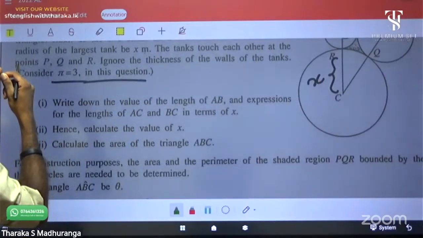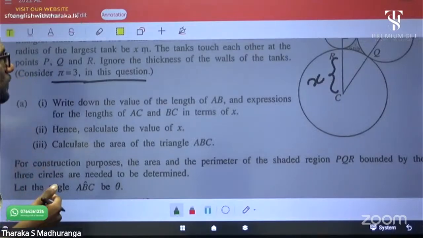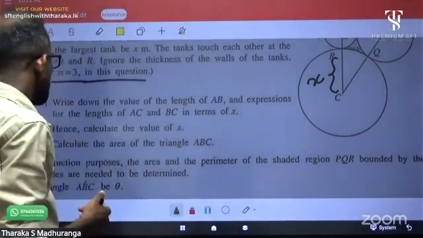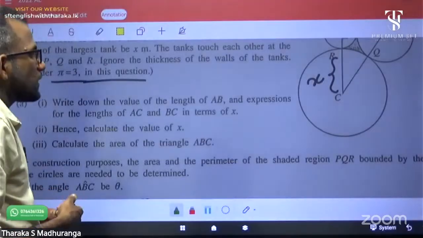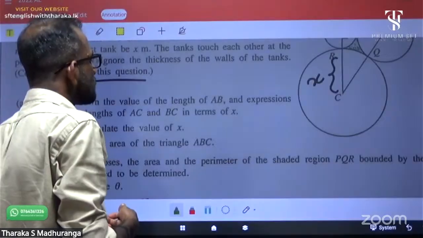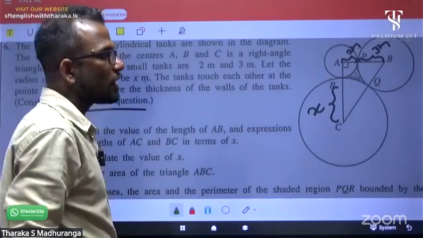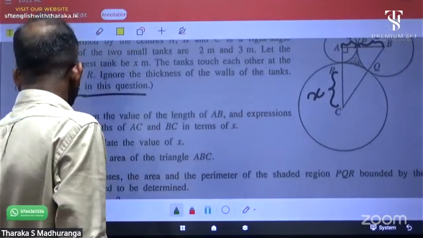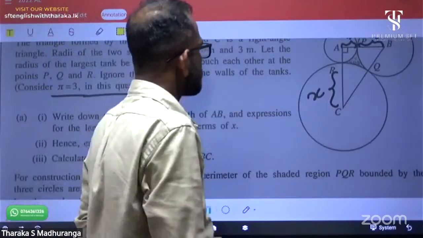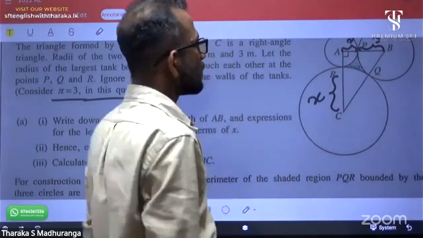Write down the value of the length of AB and the expressions for the length of AC and BC in terms of x. AB equals 5. No calculation required. It is 5 meter. And expressions for the length of AC and BC in terms of x.